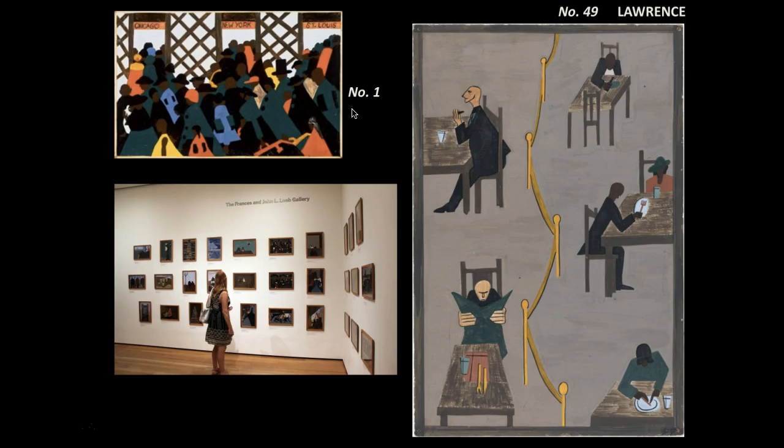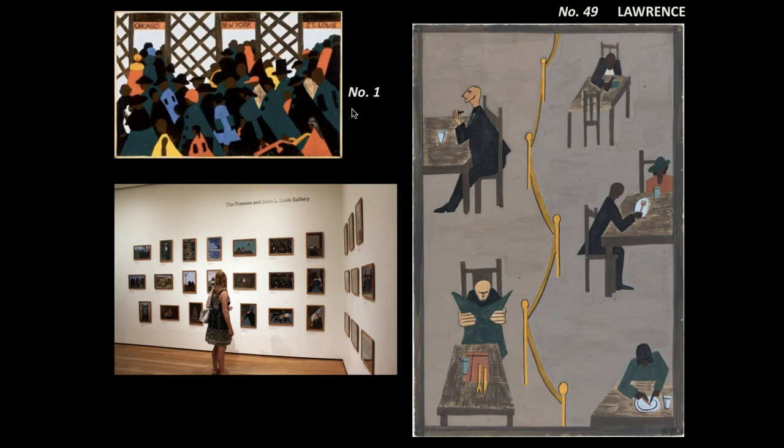About 6 million African Americans moved between 1910 and the 1940s. They thought, okay, we're getting out of the South, and the Jim Crow laws don't exist in the North, but there was still serious racism wherever they went.